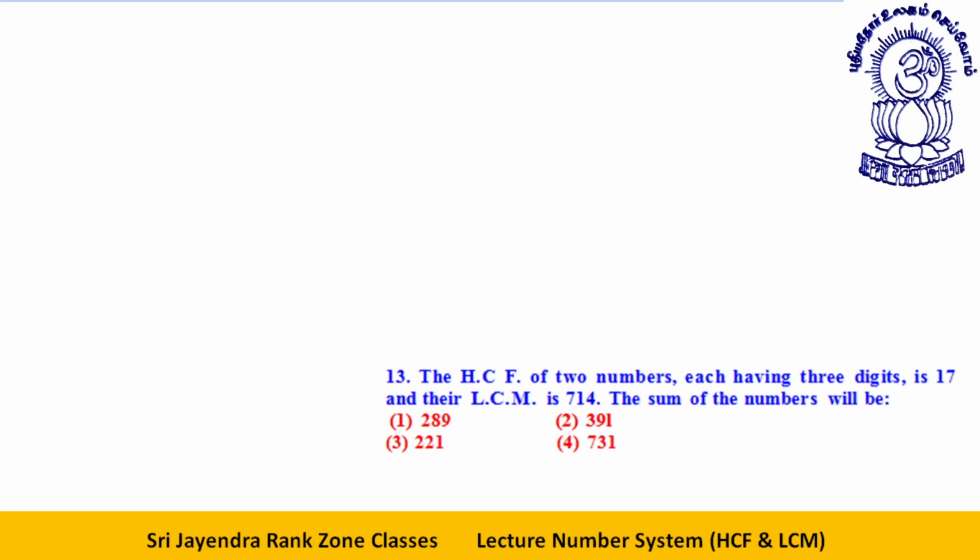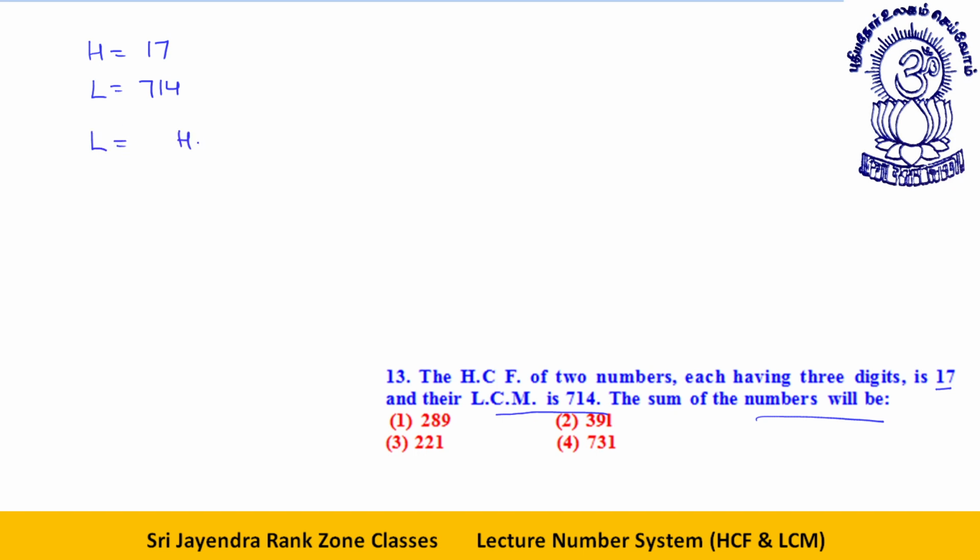Next one. The HCF of two numbers each having three digits is 17 and their LCM is 714. The sum of the numbers will be? What are we given? LCM is 714.